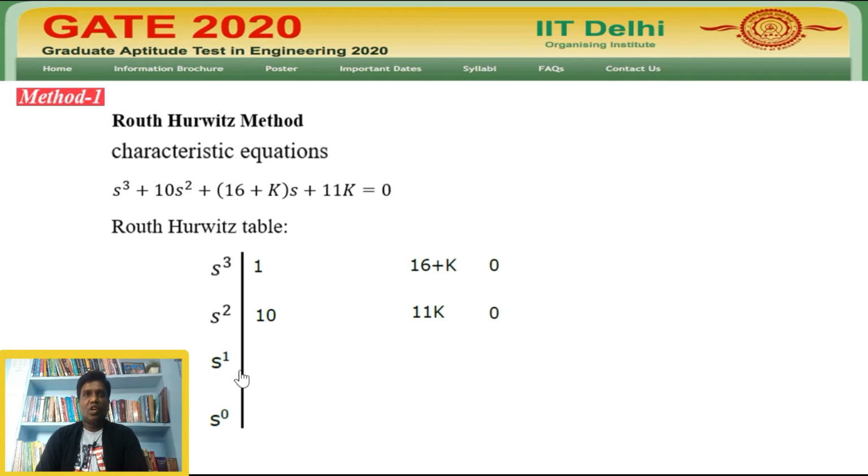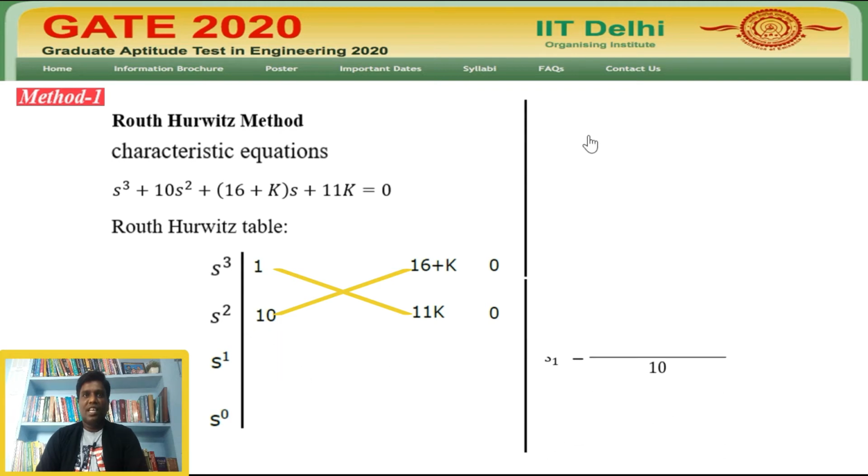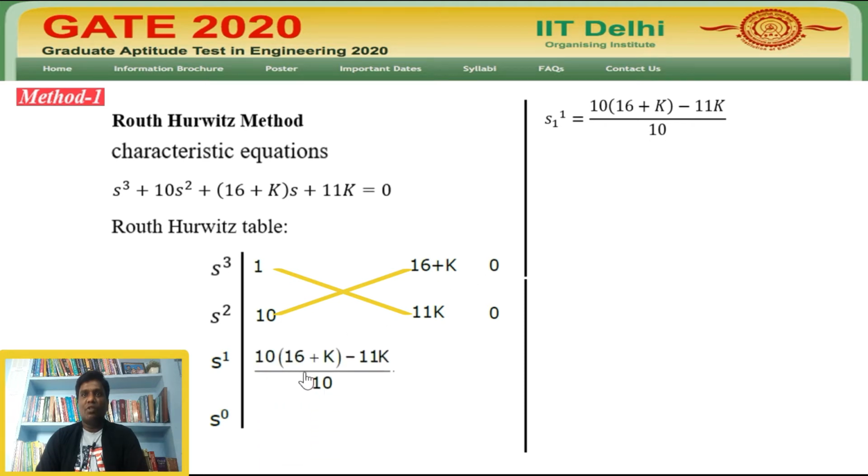Next, the third row and first position, or s power 1 row and first position, can be filled by matrix-like multiplication in this manner and divided by the second row first position, 10. Then the equation will be s1 power 1 = (10 × (16 + K) − 11K) / 10. This term is filled in the third row and first position of Routh's table.